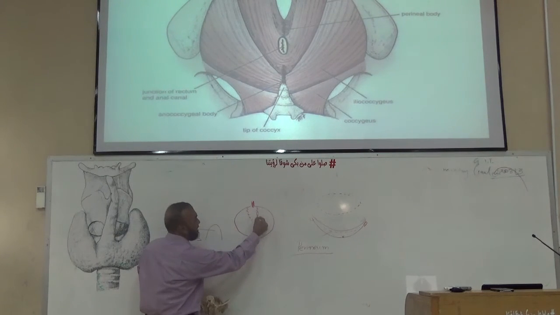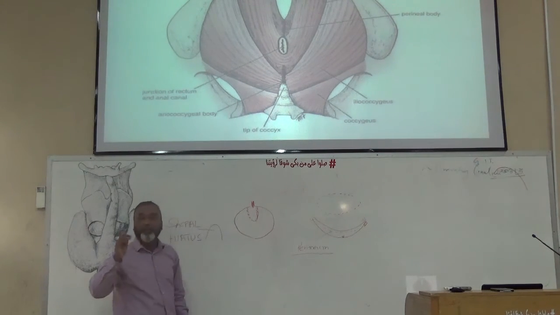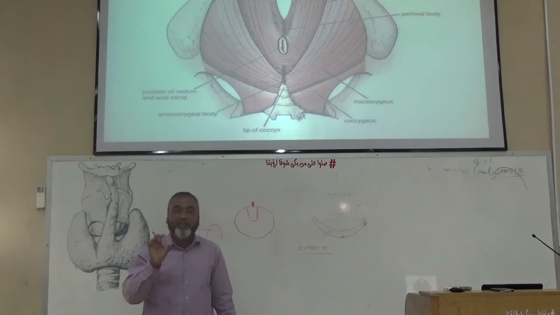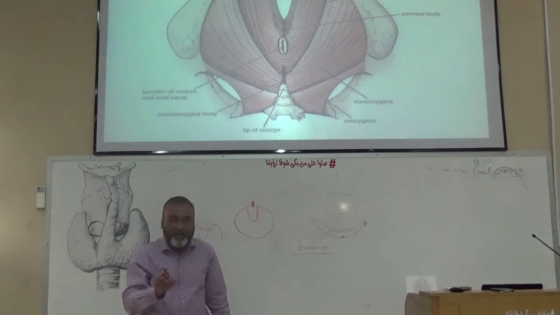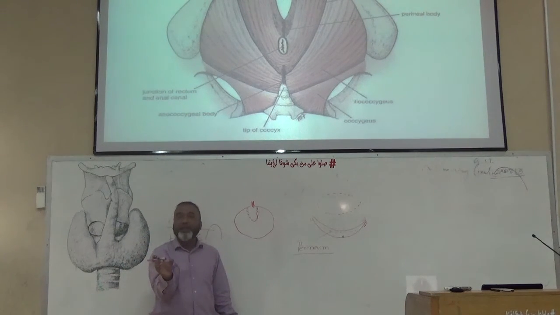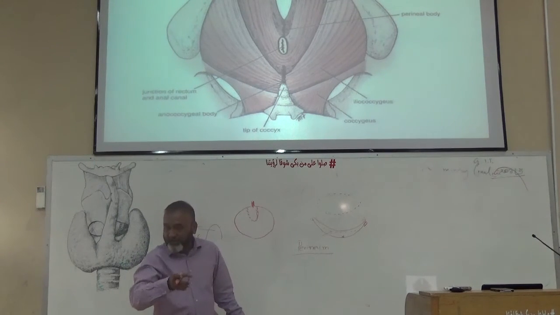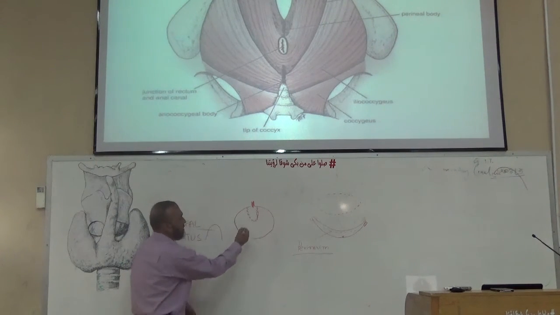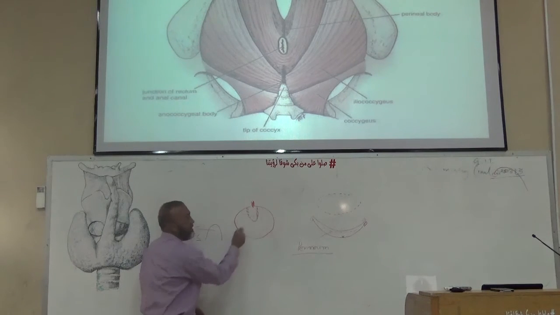In the male and female they are named differently. In the male they are named levator prostatae, because in the male it surrounds the prostate gland and supports the pelvic structures. So this is the anterior fiber.